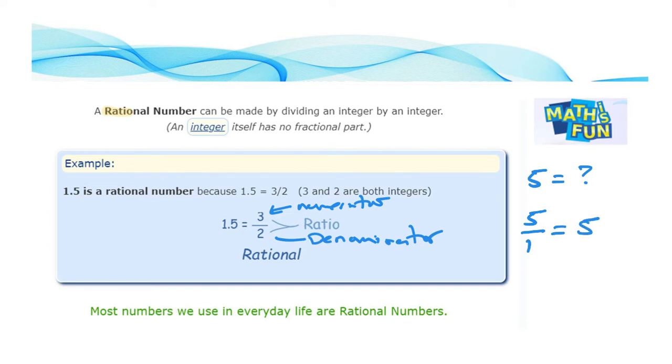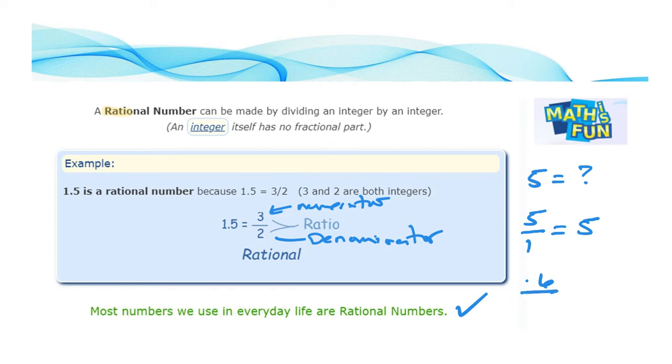So most numbers are going to be rational numbers because we can write them as a fraction. And what about a decimal? Let's say 0.6. Can that be written as a fraction? Sure. All we have to do is, this is the numerator, and we're going to write it over its place value.